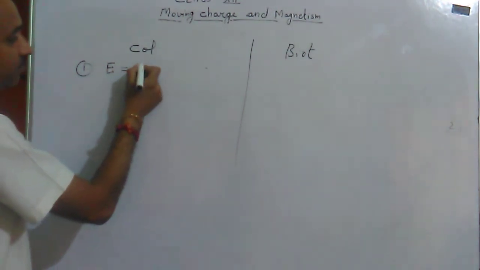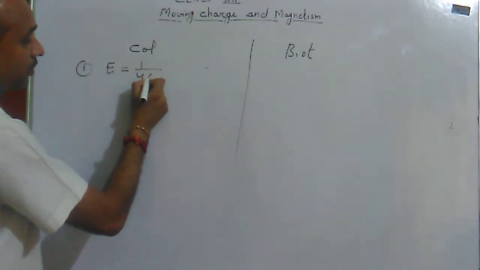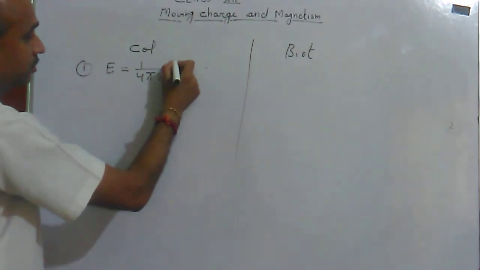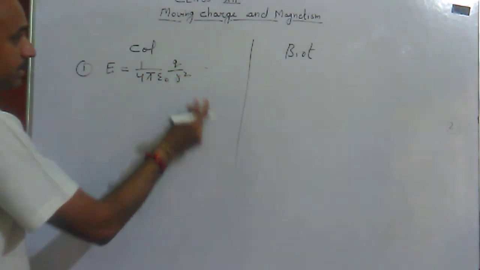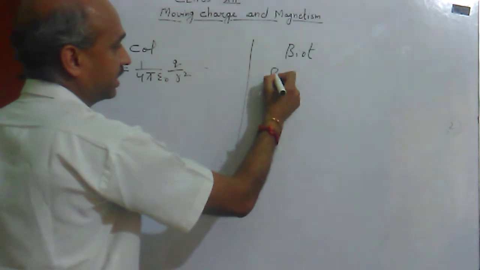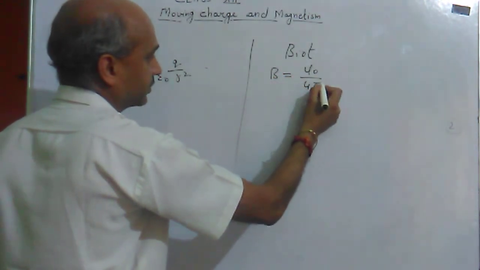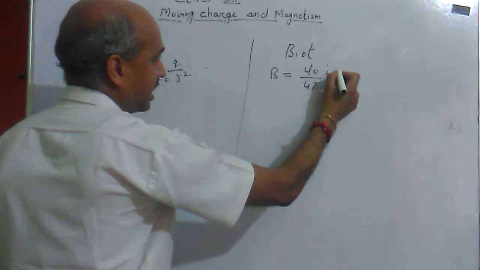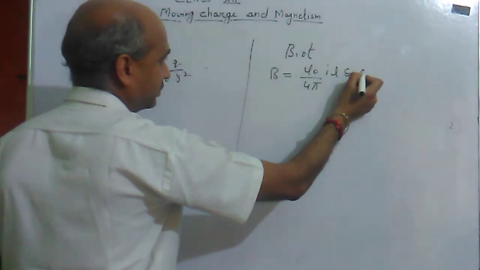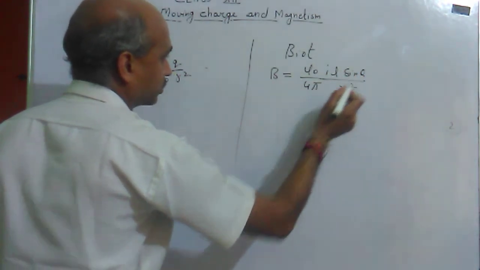तो यहां से इलेक्ट्रिक फील्ड जो बेटा आपकी आएगी 1 upon 4 pi epsilon 0 q upon r square. इससे क्या निकलेगा? मैग्नेटिक फील्ड निकलेगी B equals mu 0 upon 4 pi and IL sin theta upon r square.